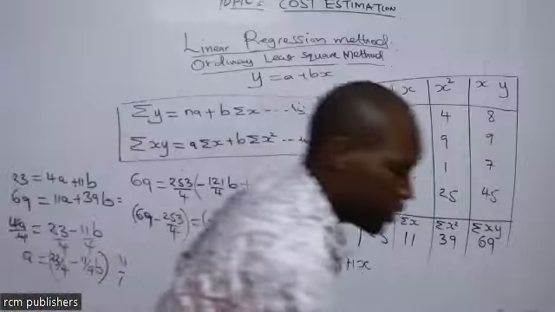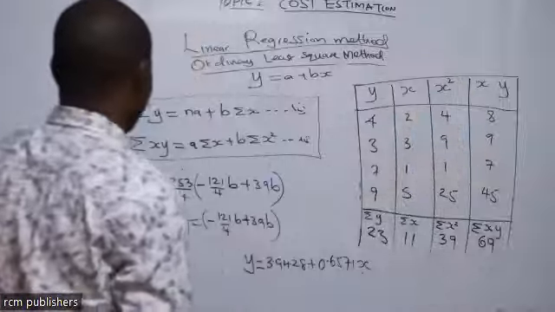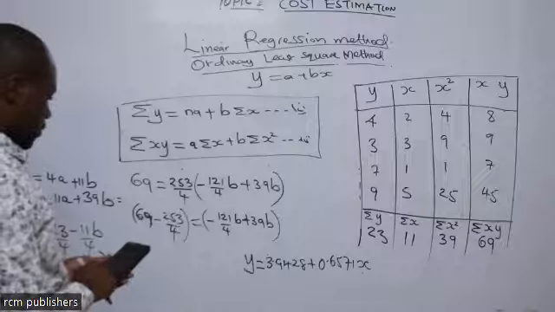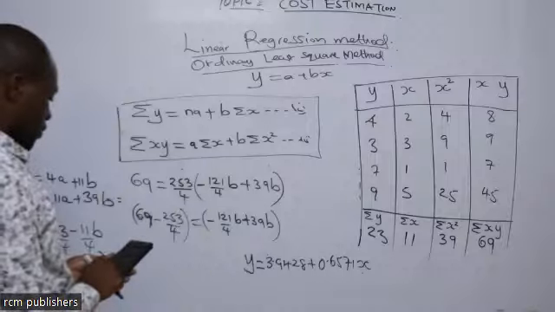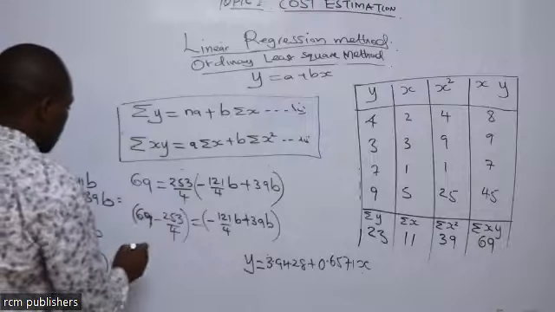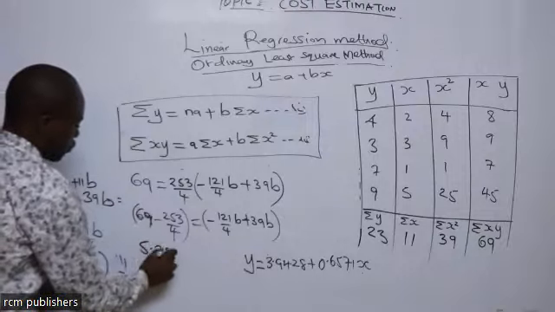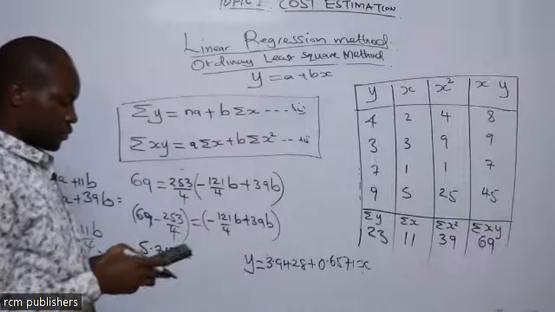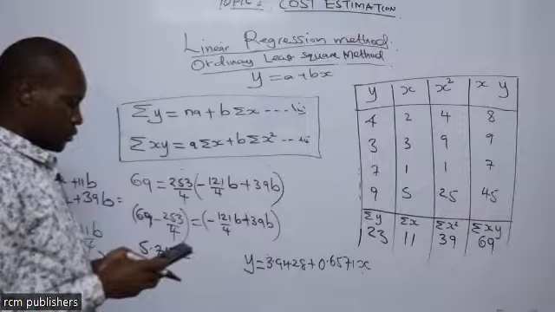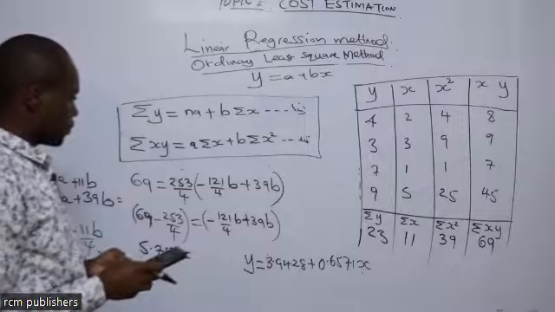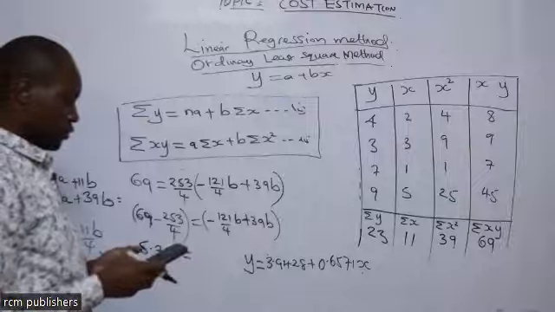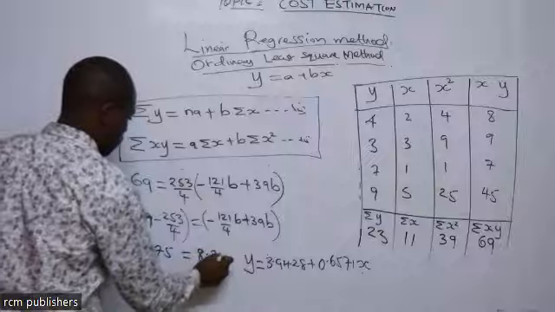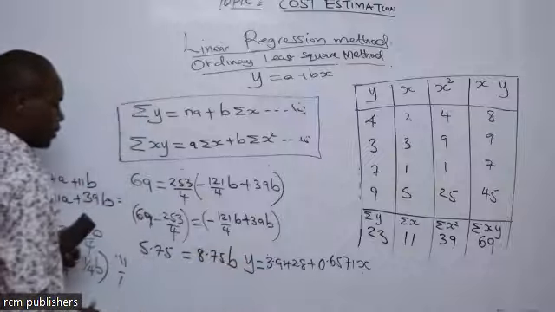The first simple thing here is to just take 253. I'll have 5.75. So you'll confirm to me if you are getting that. Then this other side, I have 8.75B.